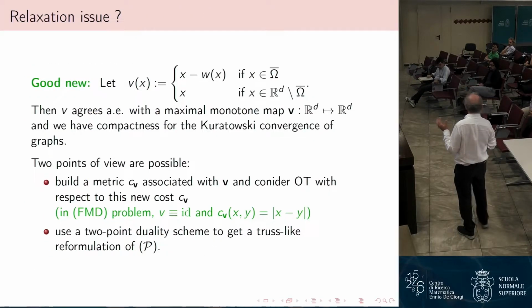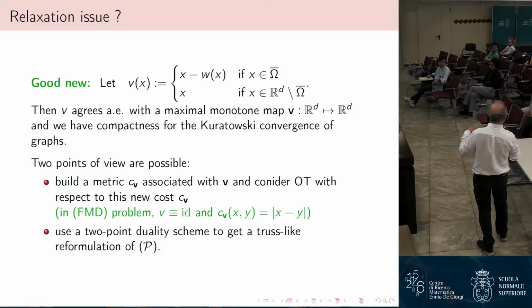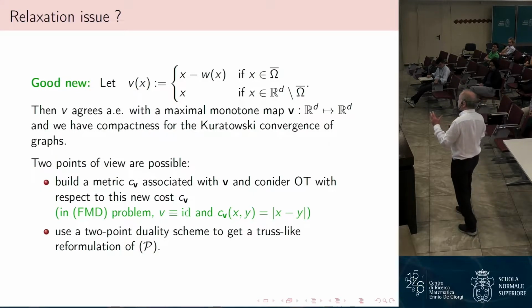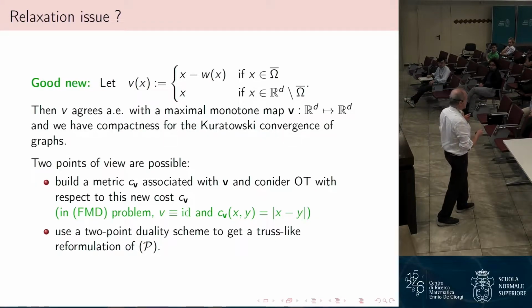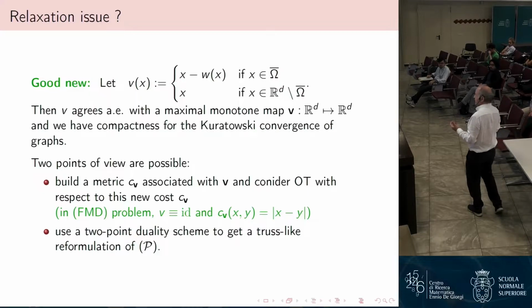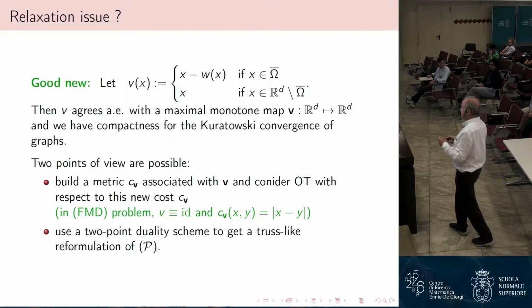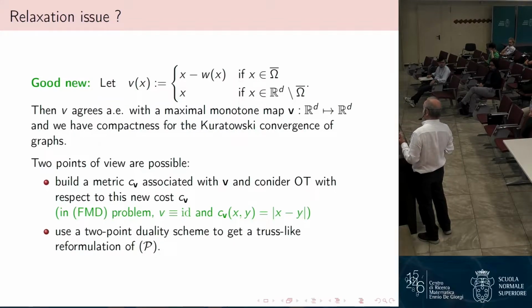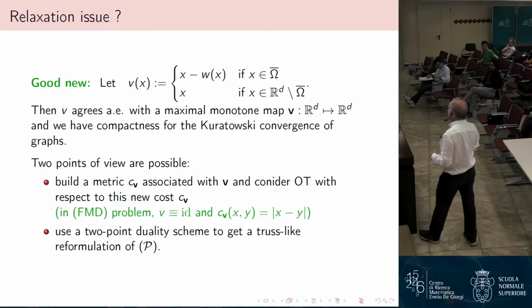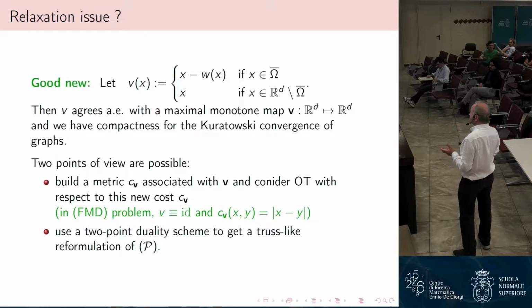It is maximal monotone whenever V is smooth, and V coincides with the identity outside of omega, which is important. And if you have compactness for this maximal monotone map in the sense of Kuratowski, you have a compact class. So you can maximize with respect to this, and you obtain an optimal maximal monotone map. And then what you do, you construct a metric associated to V, and you will consider optimal transport with respect to this metric.